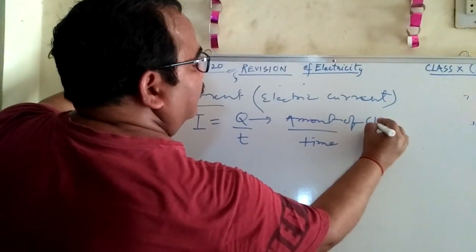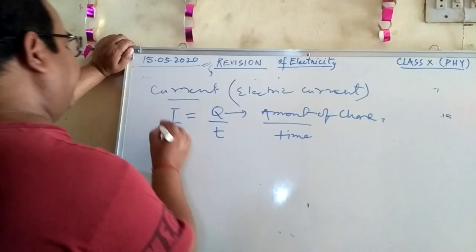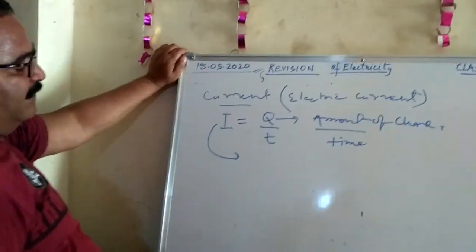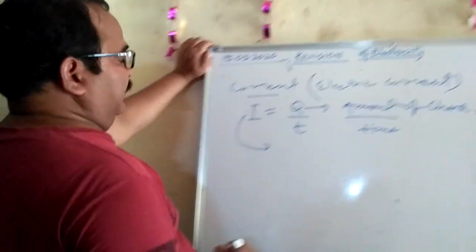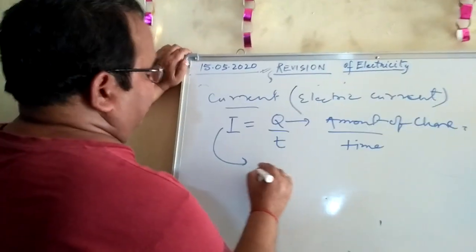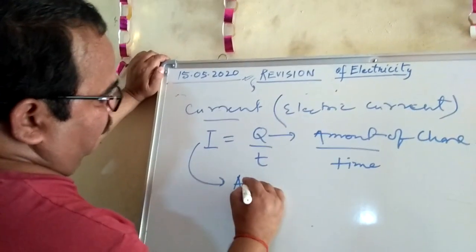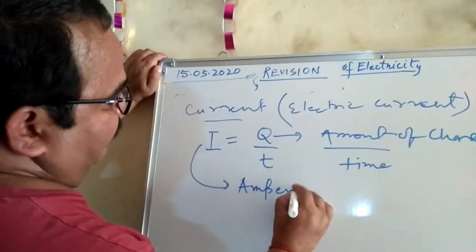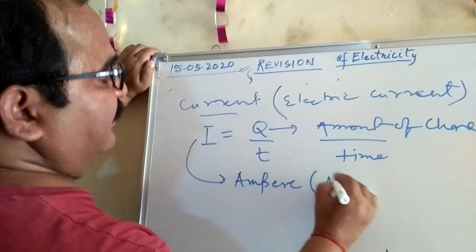This I has an SI unit called ampere, represented by capital A.